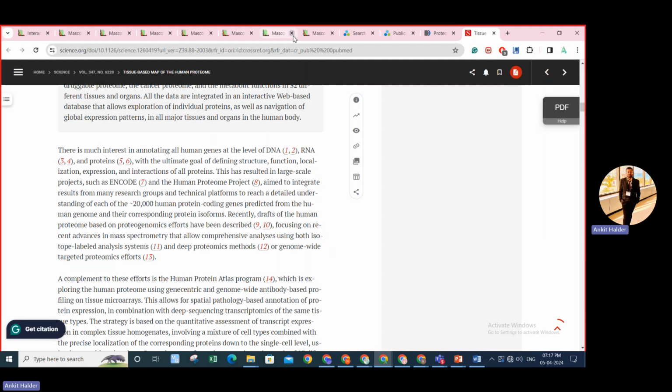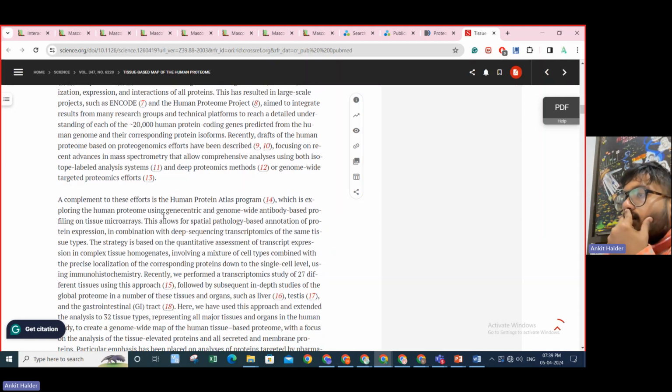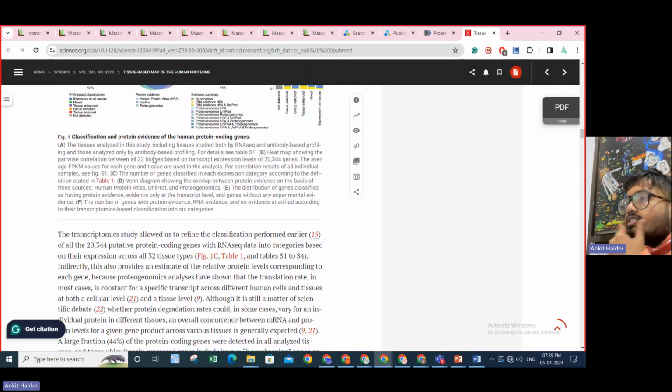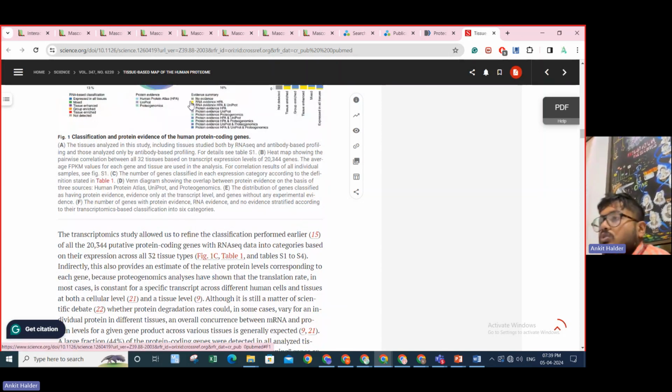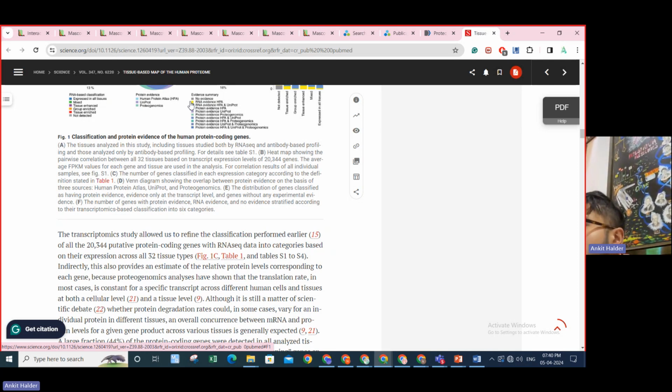Yeah, so if we look into it, the Human Protein Atlas explores gene-centric classification of protein coding genes. We can see the tissues analyzed in the study, those studied both by RNA-seq and antibody-based profiling, and those analyzed not only by antibody-based profiling, with a heat map showing the pairwise correlation based on transcript expression levels for individual samples, and the number of genes in each expression category according to the Venn diagram, the distribution of genes.